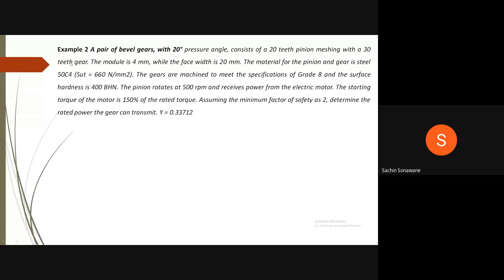Example 2. A pair of bevel gears with 20-degree pressure angle consists of a 20 teeth pinion meshing with a 30 teeth gear. The module is 4 mm while the face width is 20 mm. The material for the pinion and gear is steel 50C4. SUT is equal to 660 Newton per mm square.